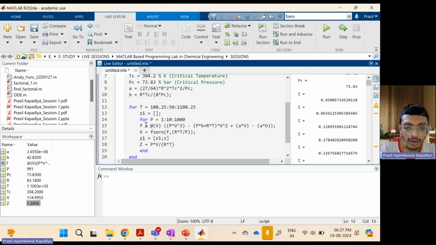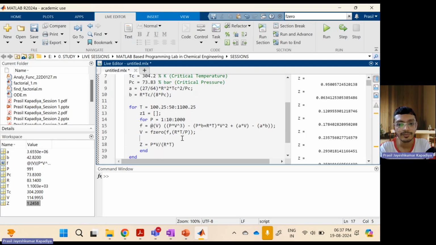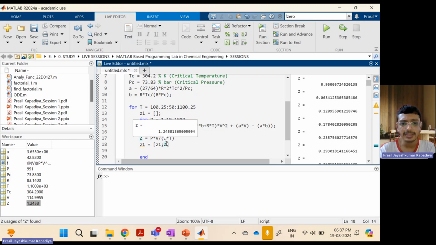Then for one value of pressure, let's say P is equal to 1, it will calculate the compressibility factor. My first value is blank, and then it is taking some value of Z. Now I have the value of Z1 at first P is equal to 1.